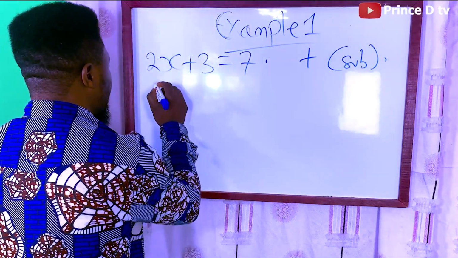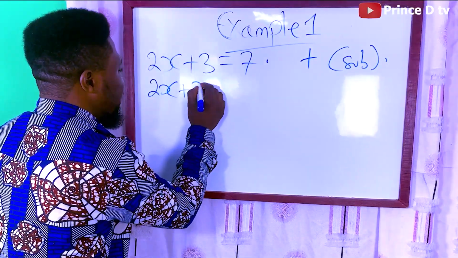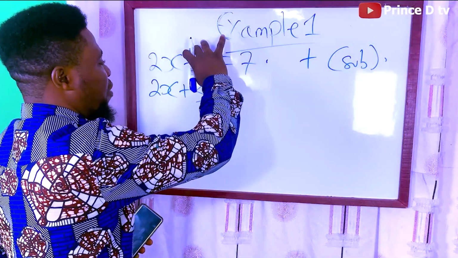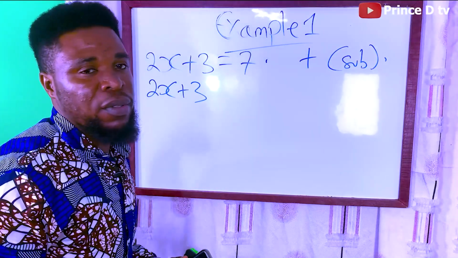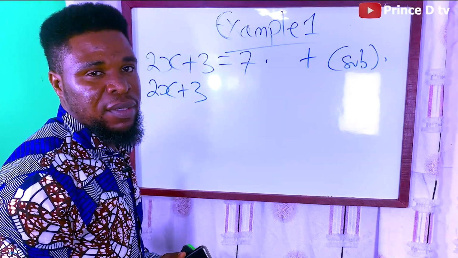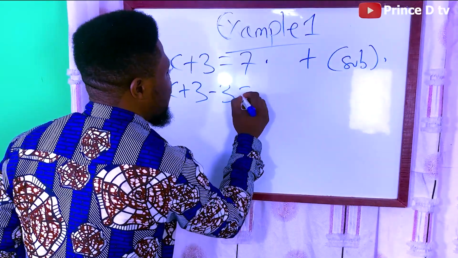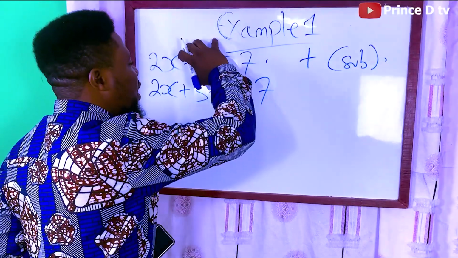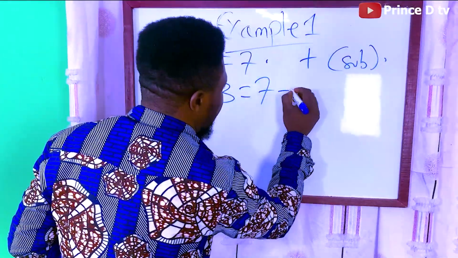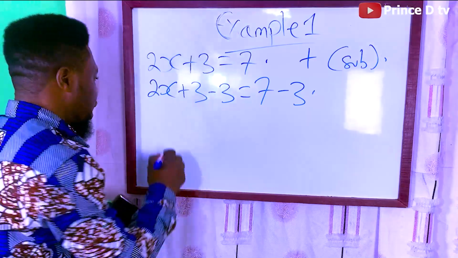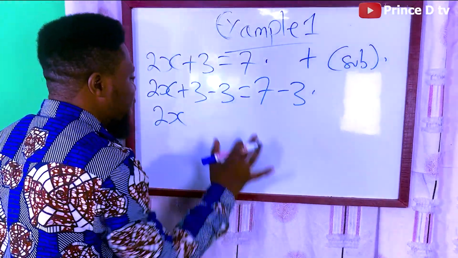So here we have 2x plus 3. This is the constant we focus on. We said when the constant beside the variable is positive, we subtract it. So we subtract 3 from both sides: 2x plus 3 minus 3 equals 7 minus 3. 3 minus 3 is 0, so nothing is there.